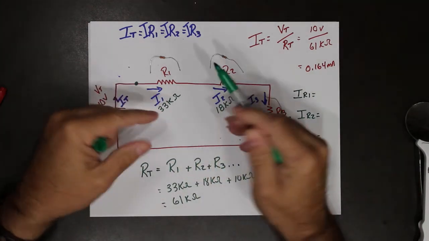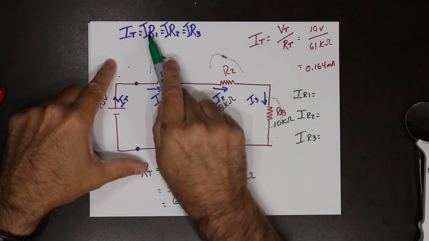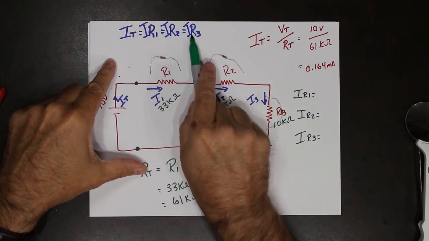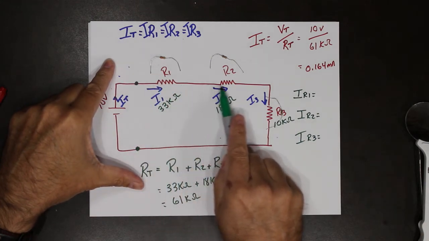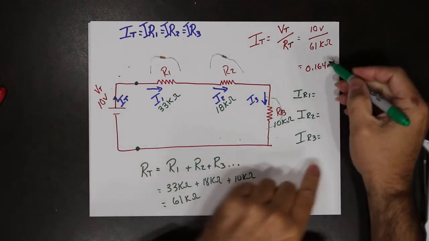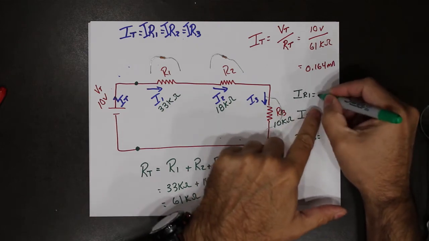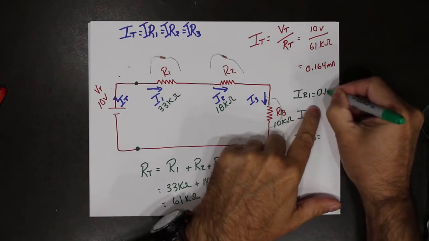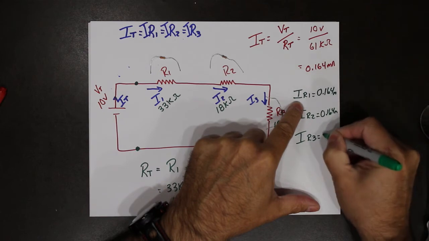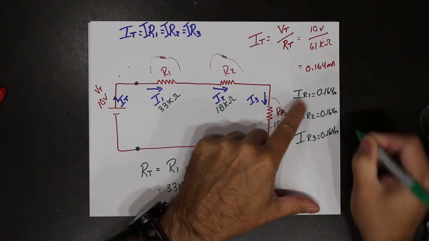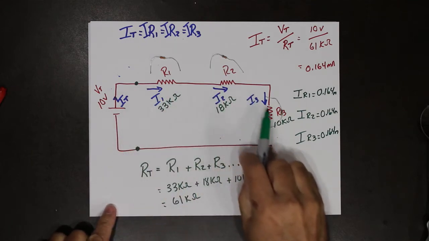According to our statement for a series circuit, all of the individual currents are exactly the same as the total because there's only one path, so they share the same current. So if I total is 0.164 milliamps, then all of these other values are exactly the same, because it's the same current.